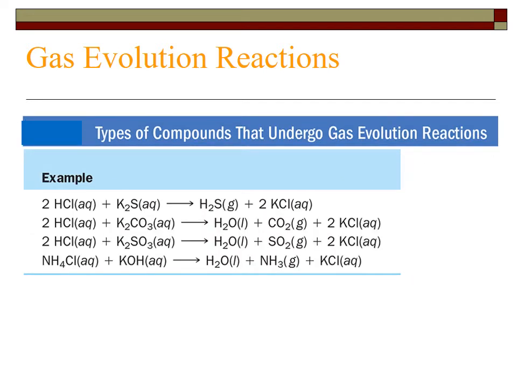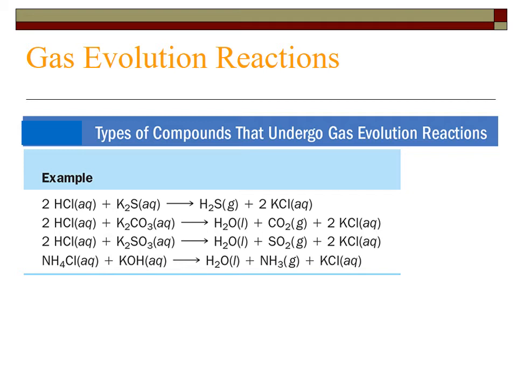So let's look at some types that undergo a gas evolution reaction. What I want you to take away from this is that there are several types of compounds that undergo a gas evolution reaction. How do we know something is a gas evolution reaction? The easiest way is to look at the product side. Notice that one of the products has a G beside it.